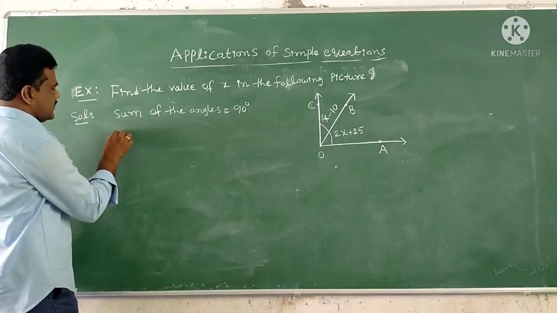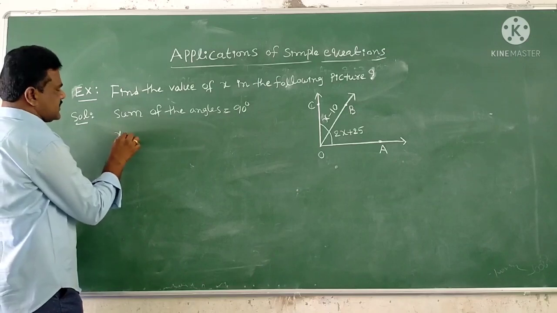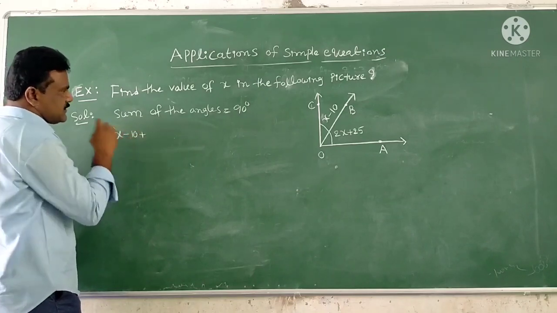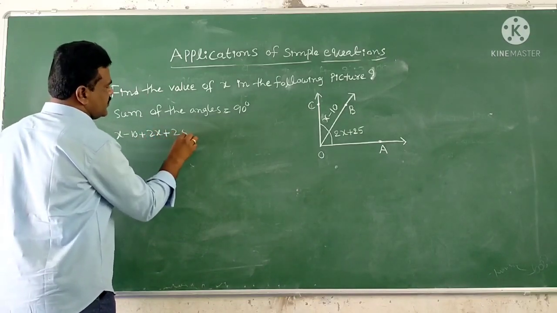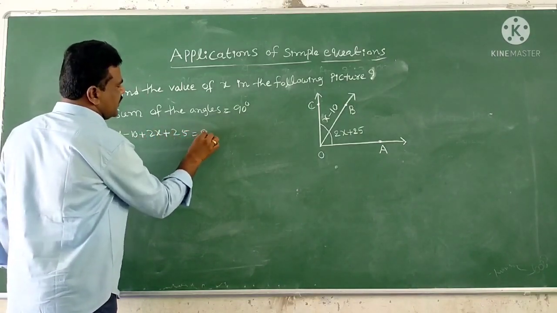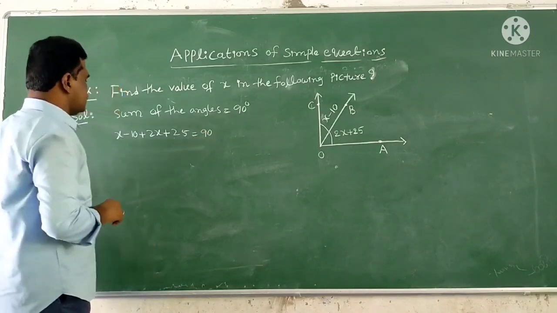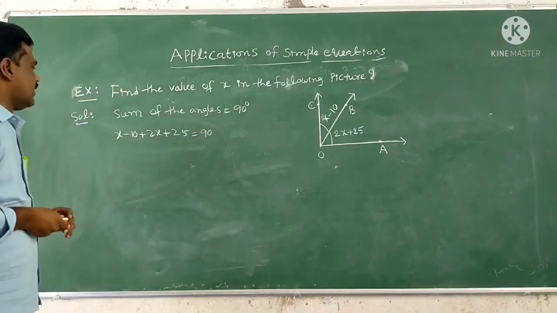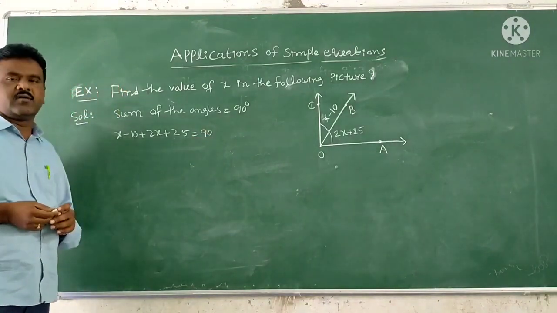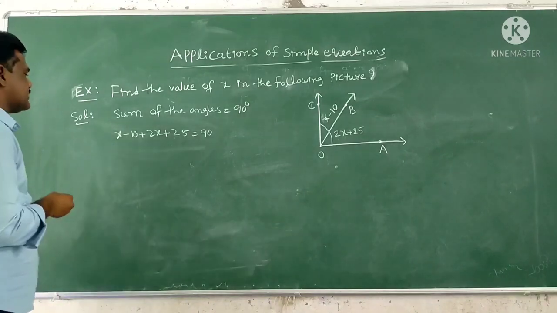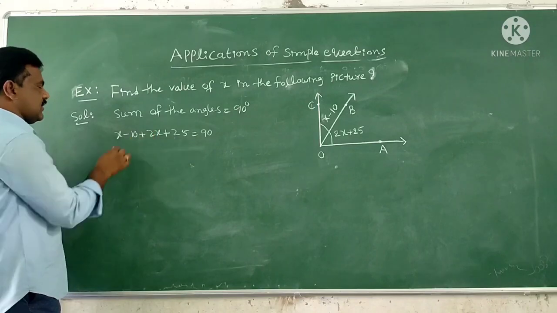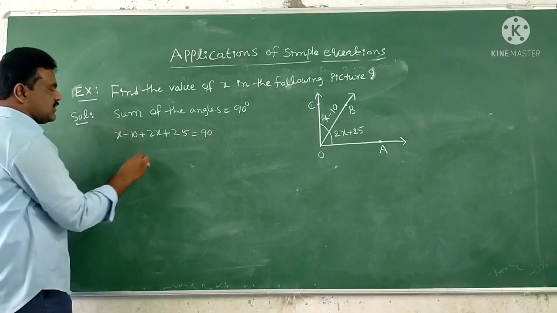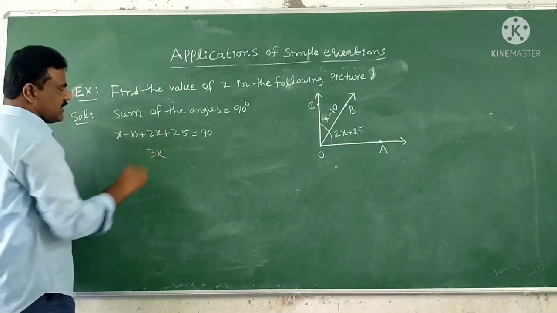From the picture, first angle x minus 10 plus second angle 2x plus 25 equal to 90. Now, adding the like terms. x plus 2x is equal to 3x.